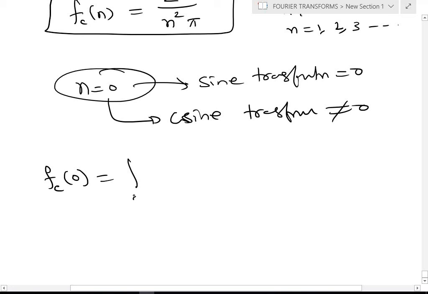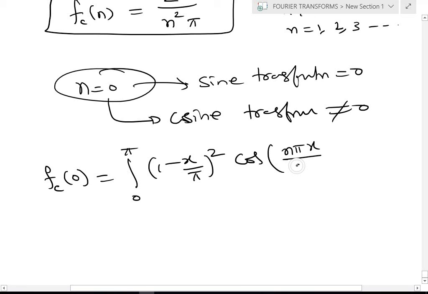That is 0 to pi, the limits will be 0 to pi, the function 1 minus x by pi whole square. Then I have cos of n pi x by pi, and of course dx.